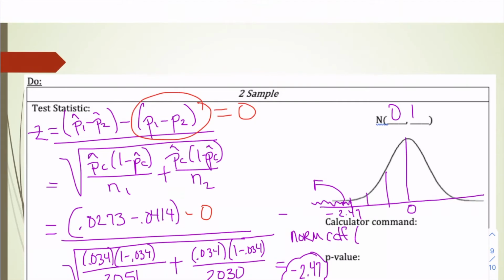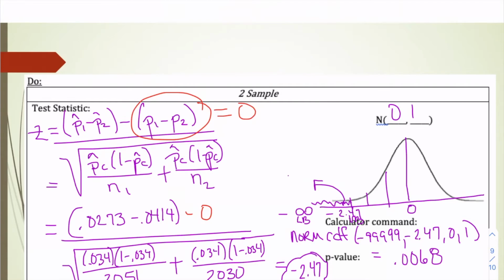My lower bound will be negative infinity, because remember that's on the left, and my upper bound, so I can use 9s in my calculator, my upper bound will be negative 2.47 with a mean of 0, standard deviation of 1, and what I get is my p-value, which is about 0.0068.